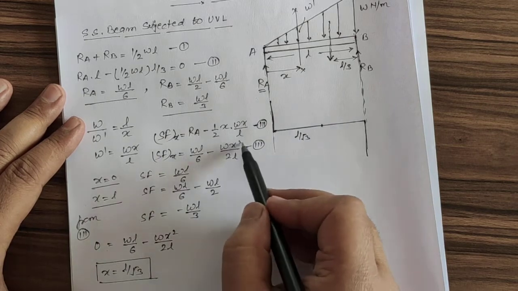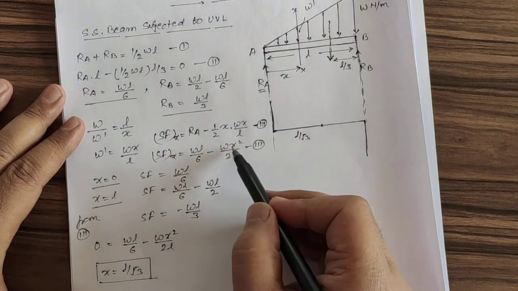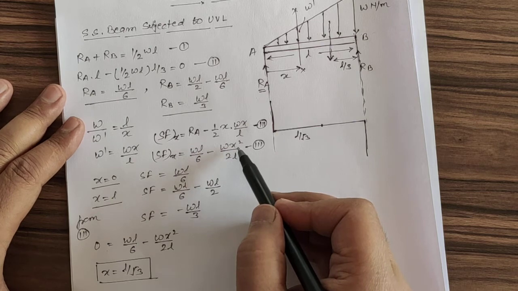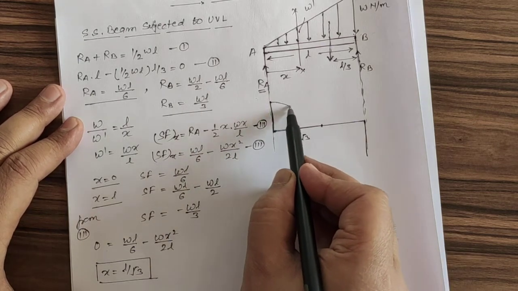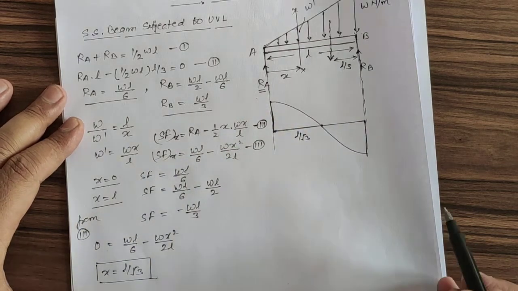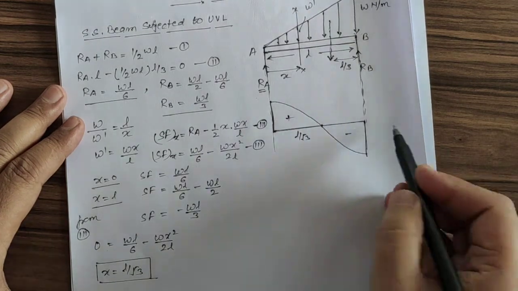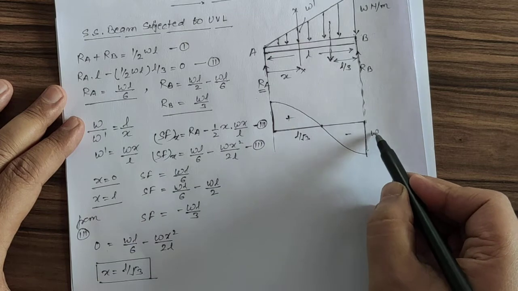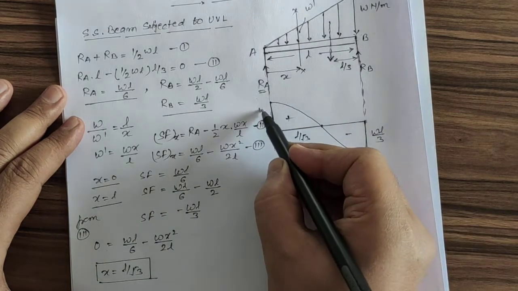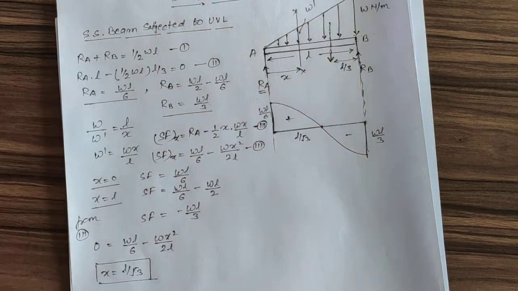The shear force is in x square, means parabolic in nature. So we can say that this will be the shear force diagram. Okay. Here we are having positive value, here we are having negative value. This value is W L by 3 and this is W L by 6. Okay. So this is the shear force.